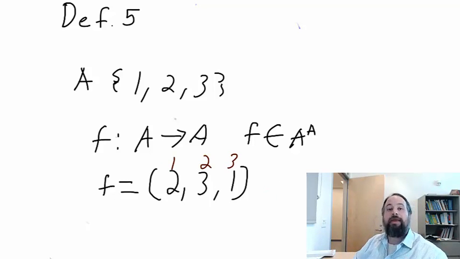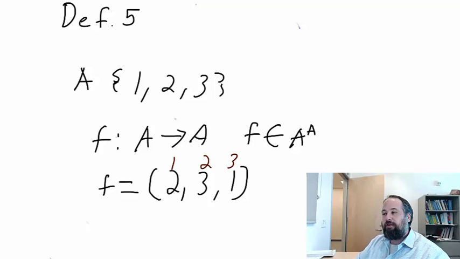We've scrambled them. That's what we mean when we say a permutation. So a permutation is a function that maps to itself and is a bijection. Why does it have to be a bijection? Because if it wasn't a bijection, we wouldn't have every element of the range pop up exactly once.